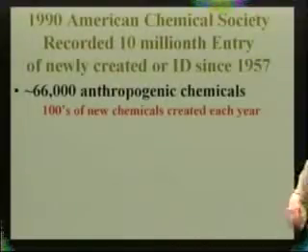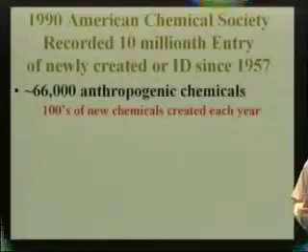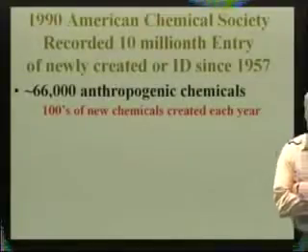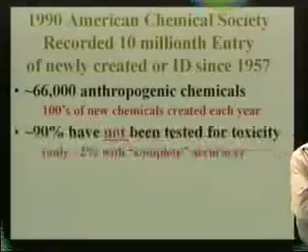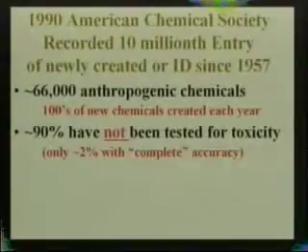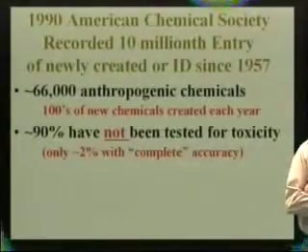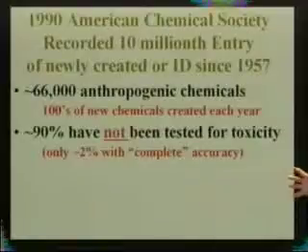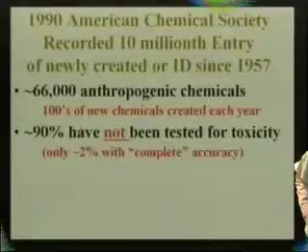These are synthetic things we may use for pesticides and herbicides, trying to change things because the organisms we're trying to kill become resistant and it doesn't work anymore, to wipe them out. Now, we take those 66,000 chemicals, and we add in 100 a year. 90% have not been tested for toxicity. Only 2% of all those have what we call the complete screening for complete accuracy on what effects they have.